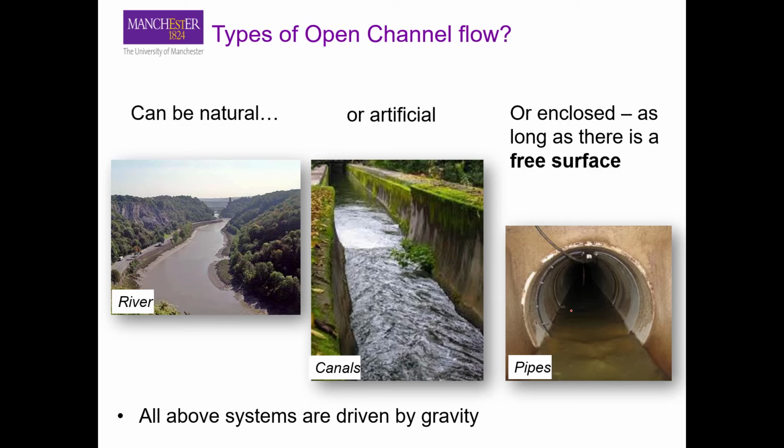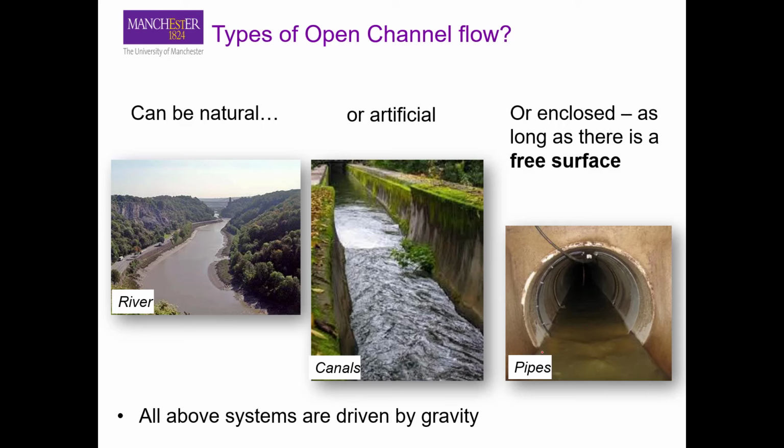These are much more regular in shape, and they have much more uniform roughness at the boundary of the surface. For example, here you have a much rougher canal bed, while in this artificial channel you have a much smoother structure, and as such you have less turbulence and roughness.